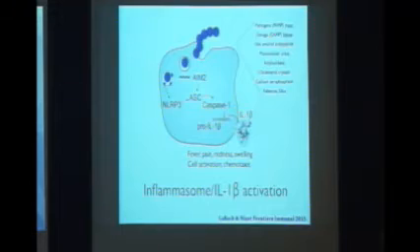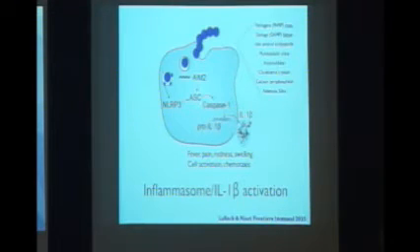And IL-1 is felt to be produced in a process that involves intramolecular assemblies known as inflammasomes. And you can see here that what happens is a number of molecules get together, most commonly a component known as NLRP3, upon sensing the bacteria or a variety of host-derived danger signals.